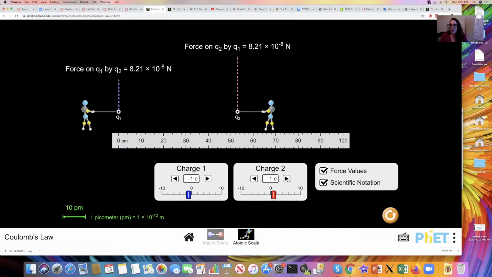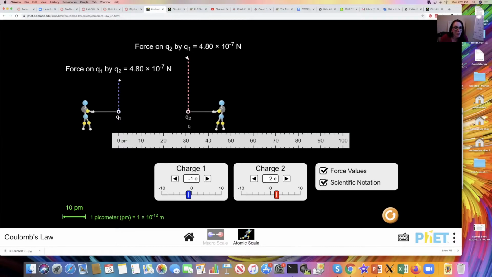So the nucleus of the helium atom has a charge of plus 2e, or plus 2 times the fundamental charge, okay? So my electron minus 1e, my nucleus plus 2e, and in a helium atom, the electron on average is separated from the nucleus by a distance of about 31 picometers. So let me put myself on 31 picometers. So here I get the magnitude of the electrostatic force between my electron and the nucleus of the helium atom.